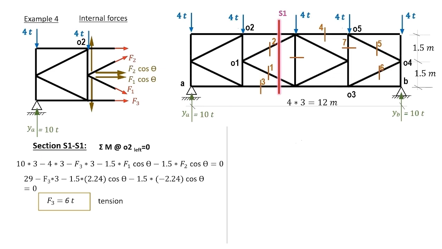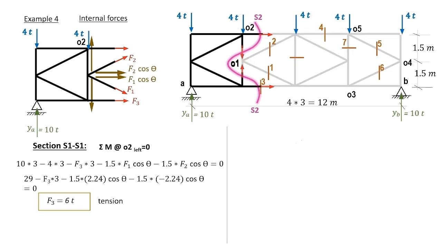Now we have our truss again. We consider this snaky section. Consider it section S2 here. And we extract the left part of the section.